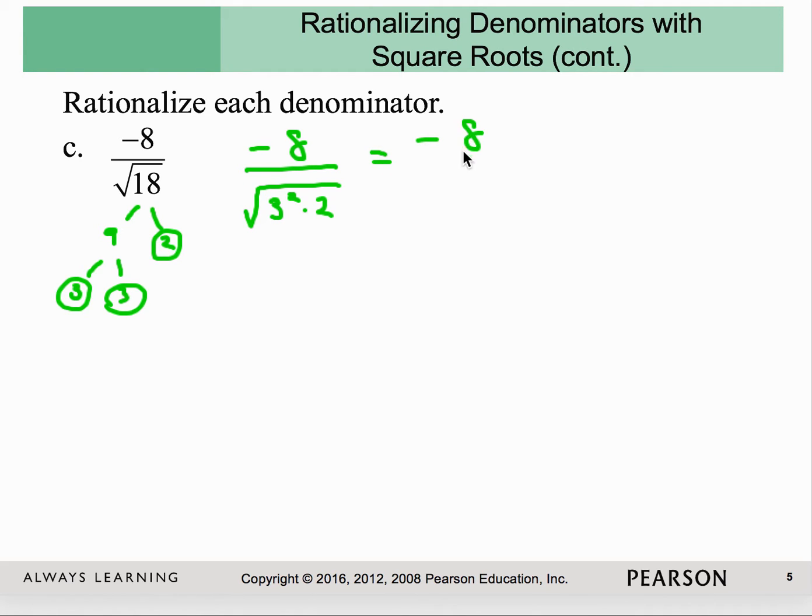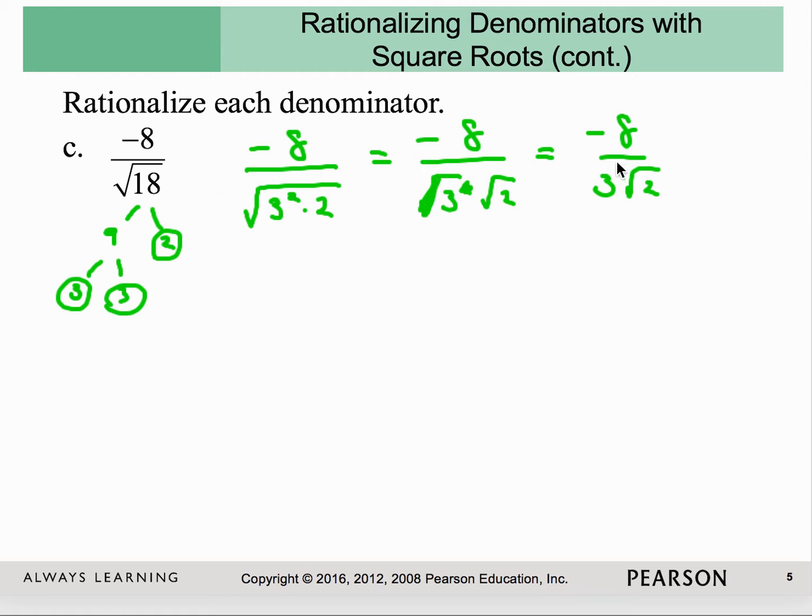Which is -8 over the square root of 3 squared times the square root of 2. Now this goes away, -8 over 3 square roots of 2.